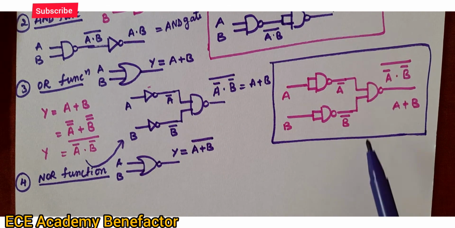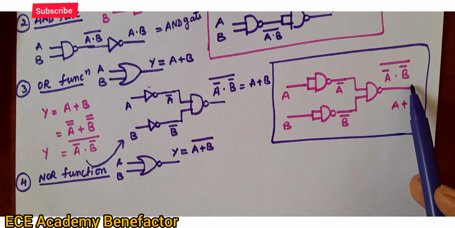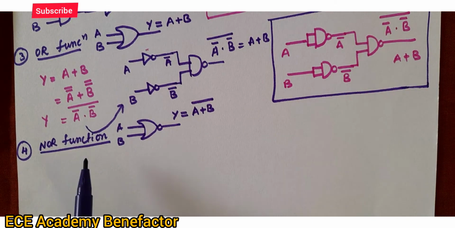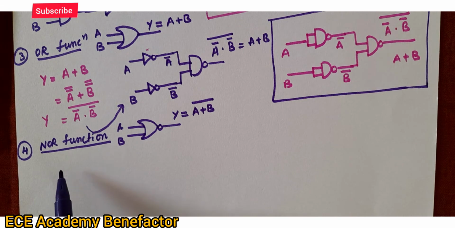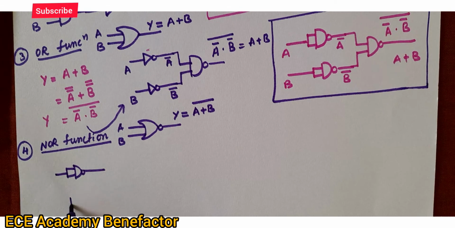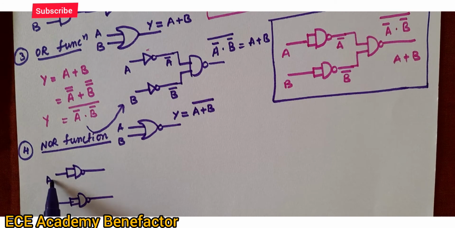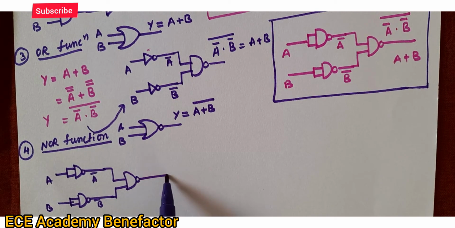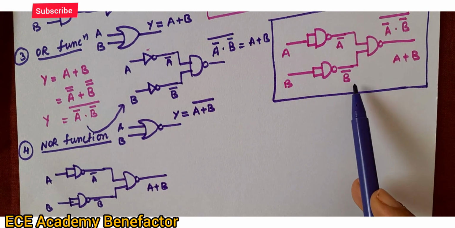Okay. So here we got OR function. If you put one NOT gate to it, it will become NOR. So what we can do? We have already drawn here A bar, B bar, we will get A bar, B bar, and then given to a NAND gate to get A plus B. This is an OR gate which we have already seen here.